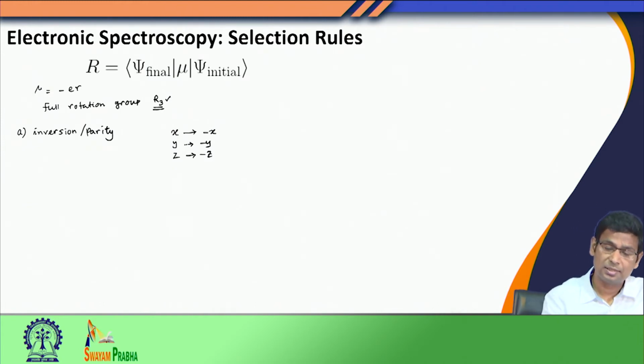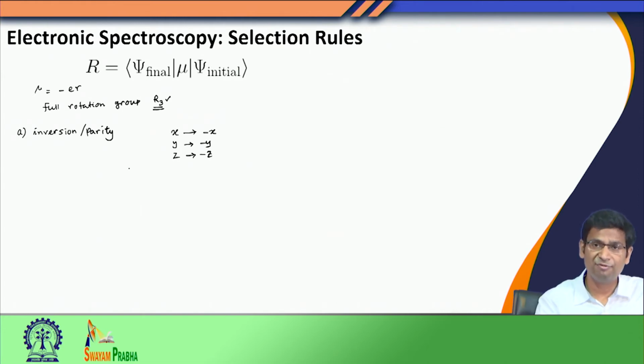Now, we know that for some functions, when I change from x to minus x, the function does not change. So, if f of x is equal to f of minus x, then we call that function an even function, and if f of x becomes minus f of minus x, then we call that function an odd function, and if none of this is true, then that function does not have a definite parity.